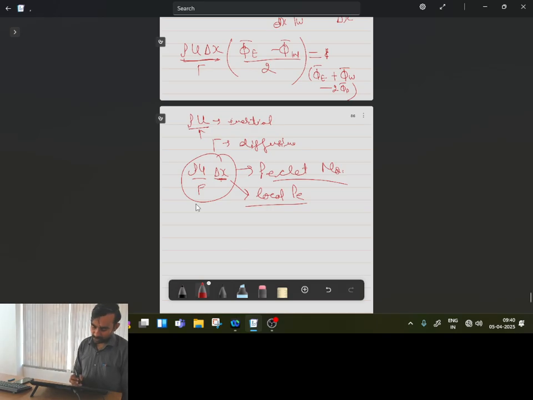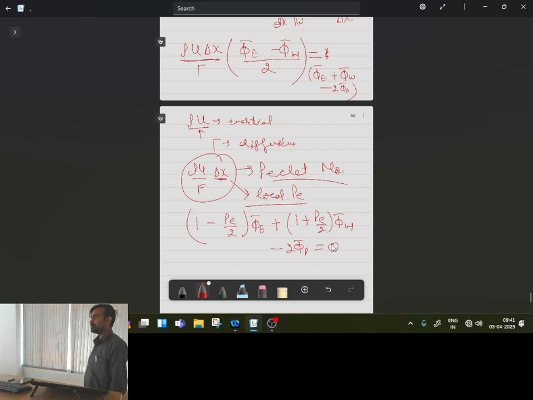One coefficient I will be getting is 1 minus Peclet number by 2 into phi bar e, then plus 1 plus Peclet number by 2 into phi bar w, and the other quantity I will be getting is minus 2 phi bar p equal to 0.